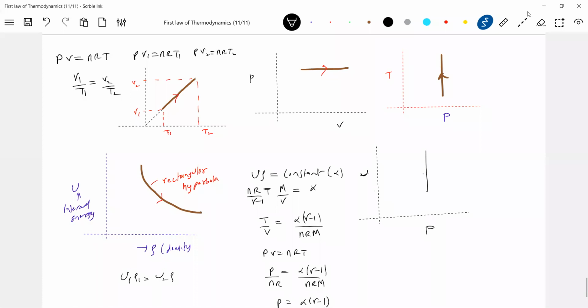Vertical line. Oh, sorry, okay. Pressure versus internal energy, let me take it. The same idea will be the same, no? Able to make it out?